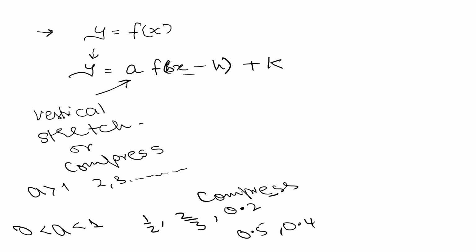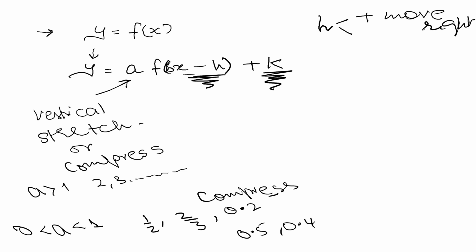Now come to the parts h and k. h and k are actually the translations. If h is positive, you have to move towards the right side, and if h is negative, you have to move towards the left side.